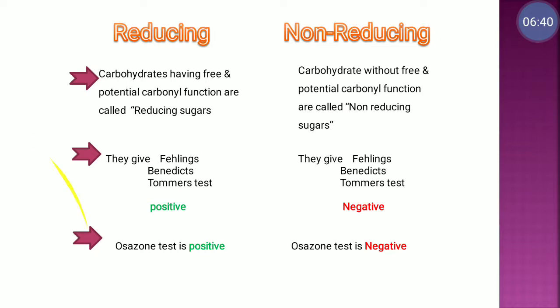It's a negative one. And the famous examples are glucose, lactose, maltose and fructose from the category of reducing sugar, whereas sucrose is the famous example for non-reducing sugar.